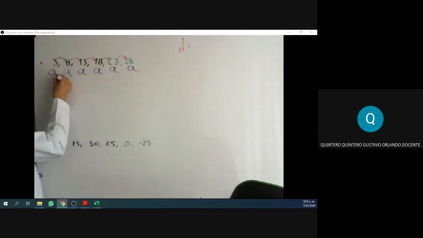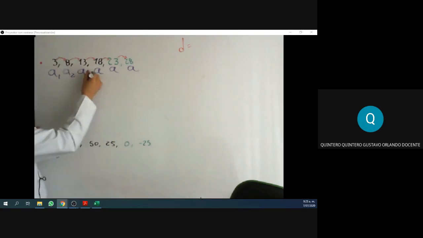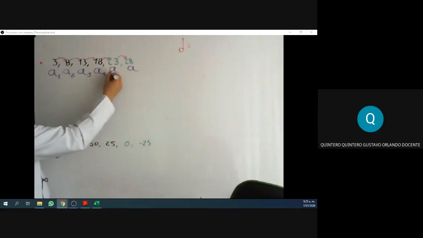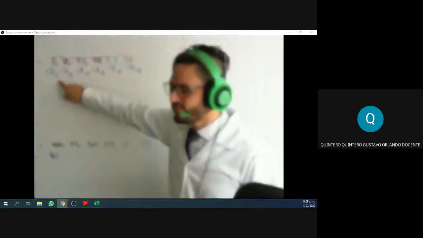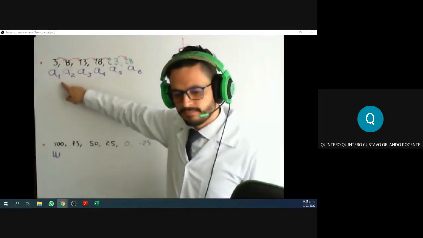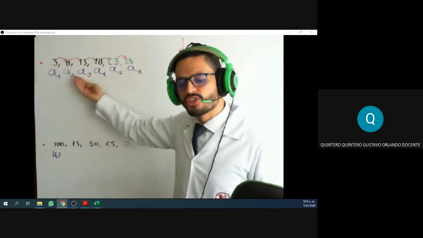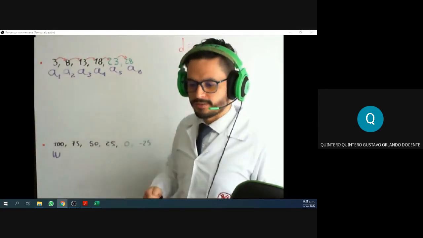This is the first A, so A sub 1. This is the second A, so A sub 2. Then the third A, the fourth A, the fifth A, and the sixth A. The little number under the letter shows the position in the sequence.